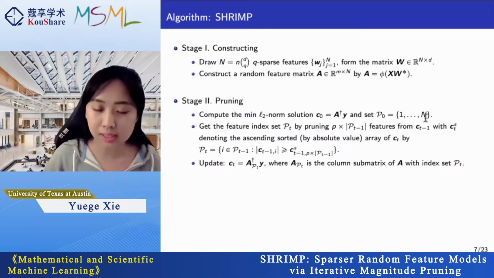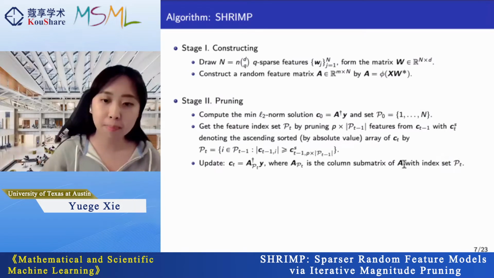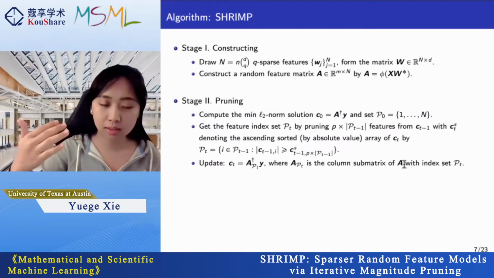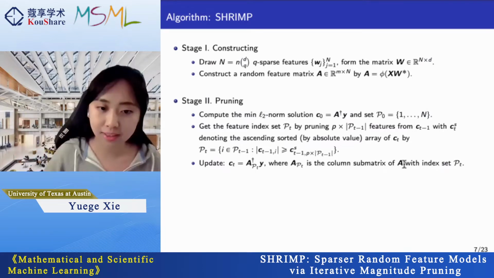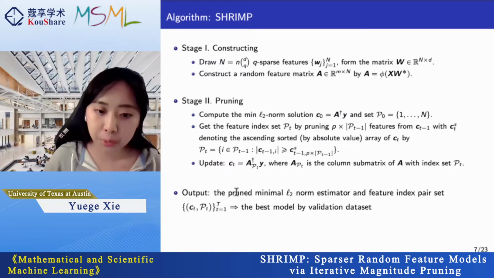Since we start with n features, and every time we prune p percent of the features, the iterations will be finite. Our output will be the set of pruned minimum L2 norm estimators and also the feature index pair sets.